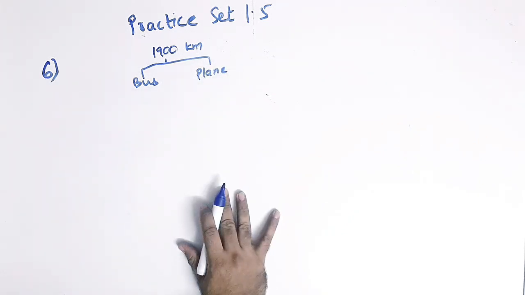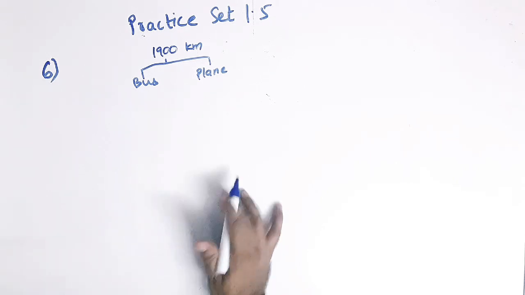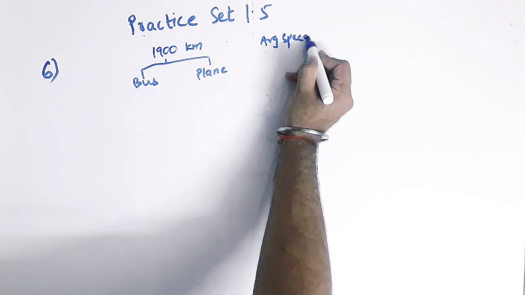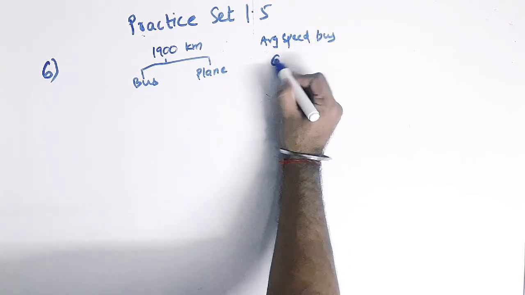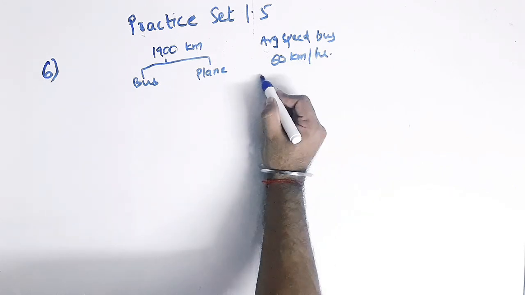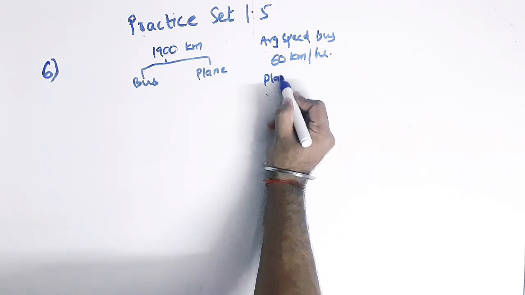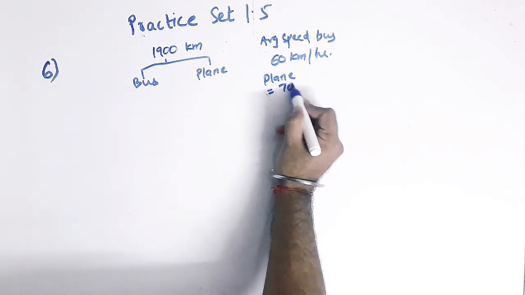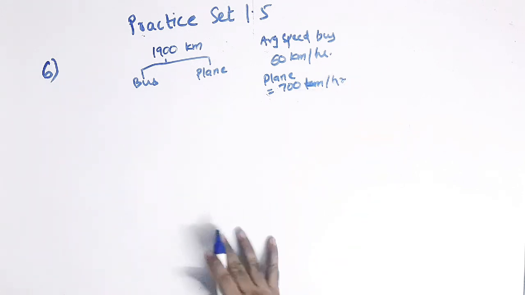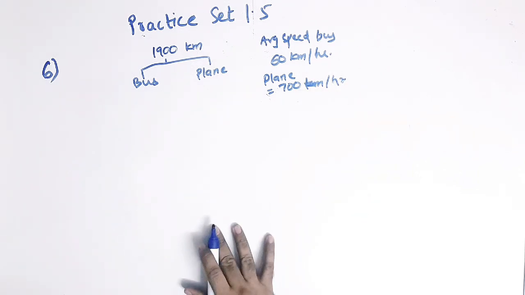The bus travels with an average speed of 60 km per hour, and the average speed of the plane is 700 km per hour. It takes 5 hours to complete the journey.